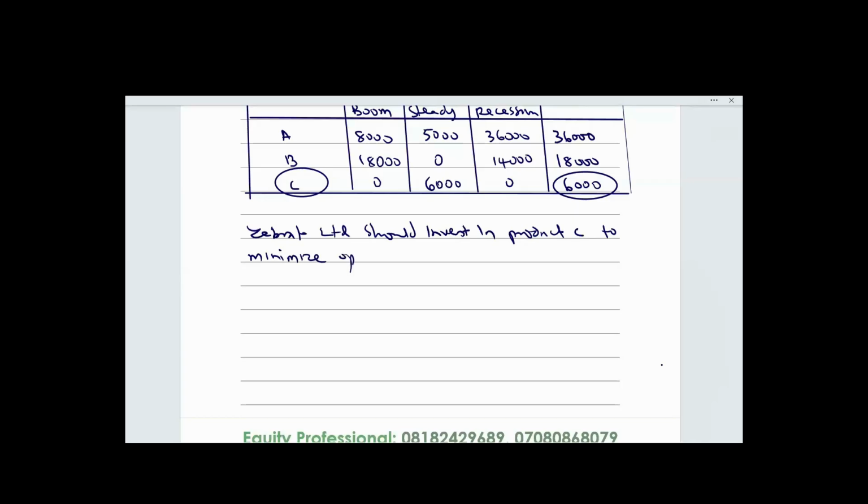To minimize the opportunity loss. Remember, the Minimax criterion is mostly preferred by a sole loser, who seeks to minimize the opportunity loss of 6,000 naira.